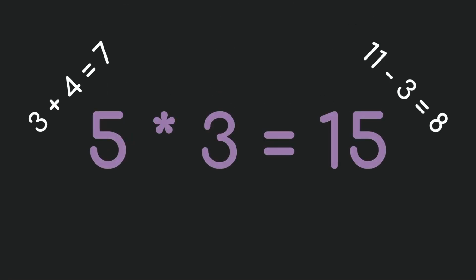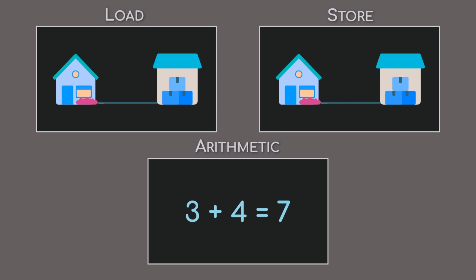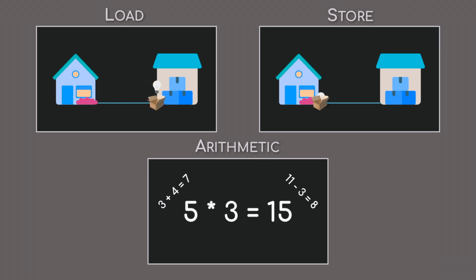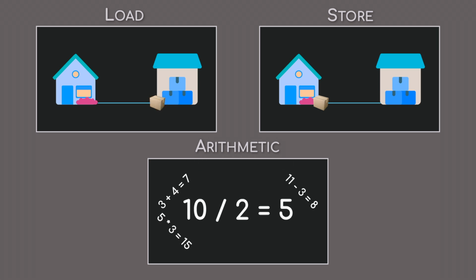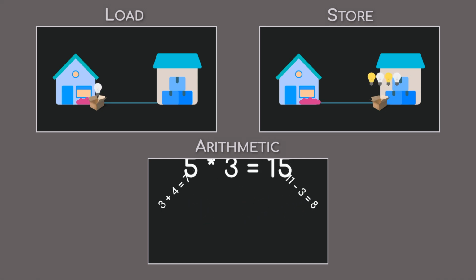The applications we run on our computers, even watching this video right now, are largely composed of these load and store and arithmetic instructions, which always seemed impossible to me when I first learned about it. But I promise you that within the past second of watching this video, your computer has loaded two values from storage, added them together, and saved that result.